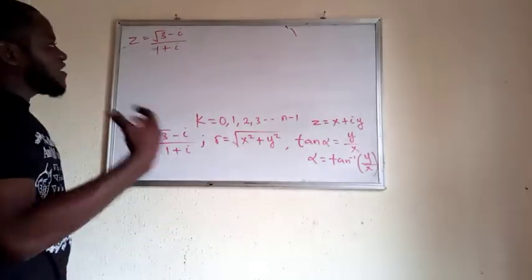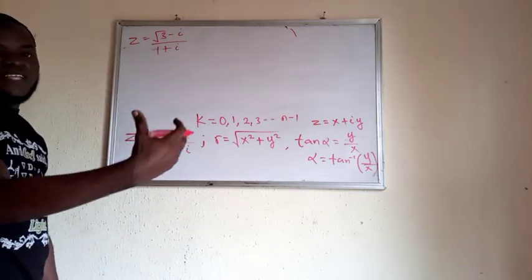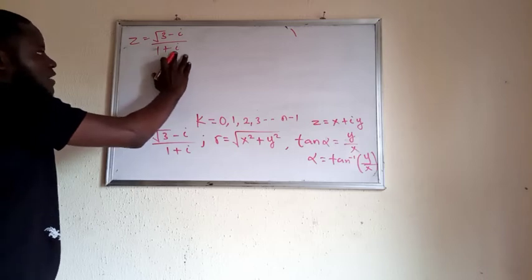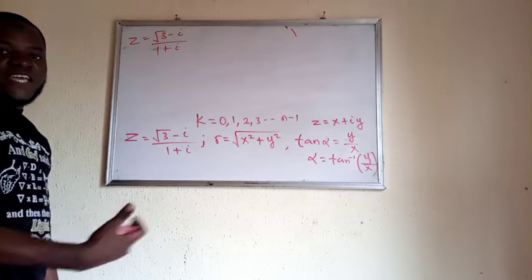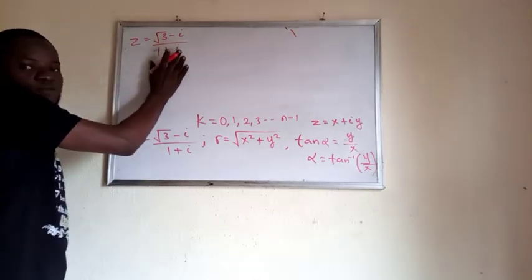So when you find an irrational number at the denominator, you need to take it away from the denominator by rationalizing. Now, this is a complex number; i is an irrational number because it's the square root of minus 1. So there is need for us now to rationalize this function.